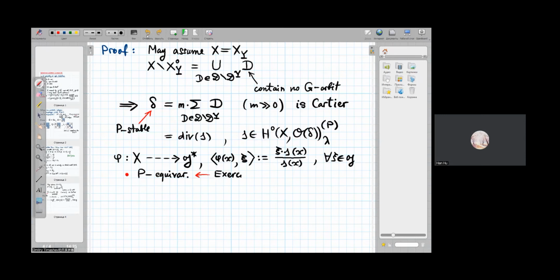As an exercise for you, I'll leave it to you to check that phi is P equivariant, commutes with the action of P, on here and on here.